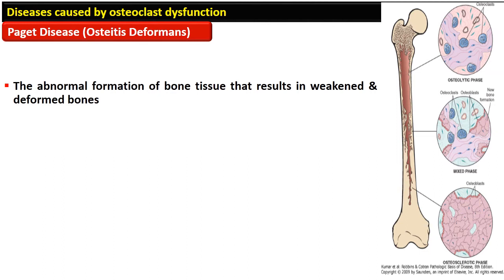So it is not going to serve one of its basic functions, that is the structural support, and it results in a deformed bone. There are 3 phases of Paget disease.